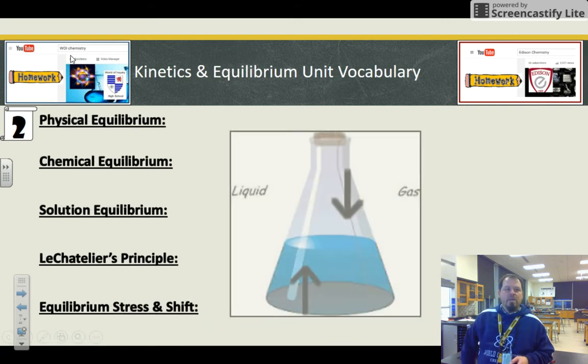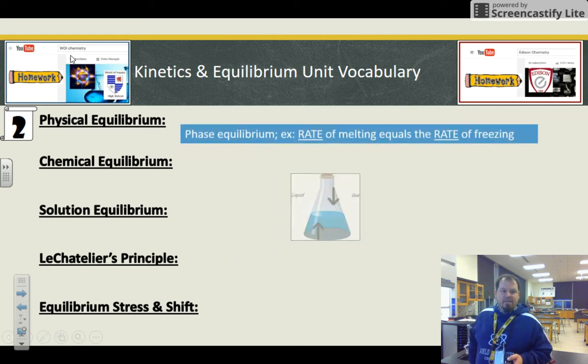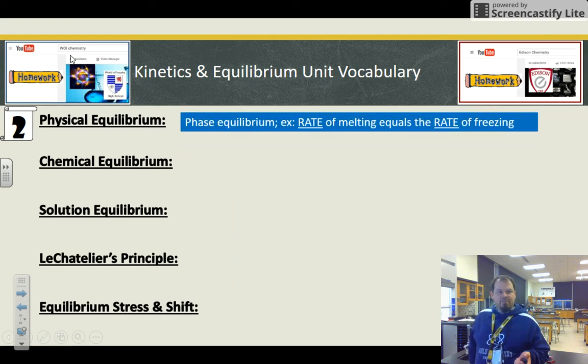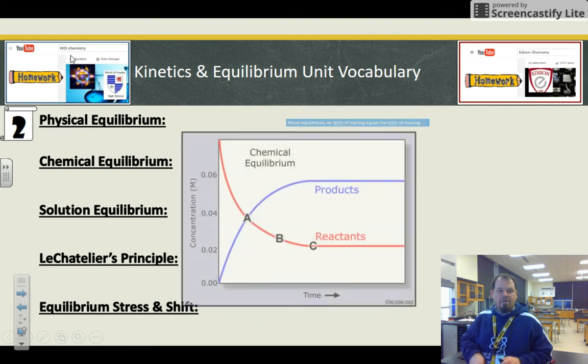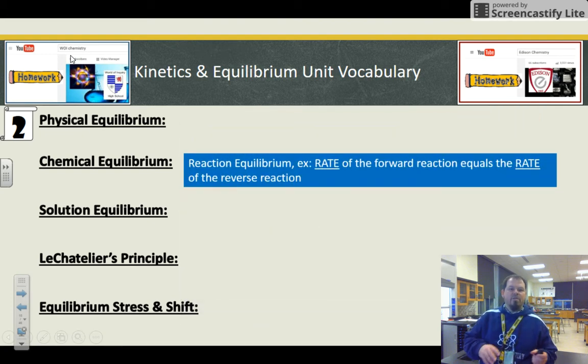Okay. Physical equilibrium. Okay, this is like phase equilibrium, physical phase. So the rate of melting equals the rate of freezing. Okay, this is what happened when we were on the flats, when we did the 3 slants and the 2 flats. Physical equilibrium. Okay. Chemical equilibrium. Beautiful. Reactants, products. This is when the reaction rate of the forward reaction equals the rate of the reverse reaction.